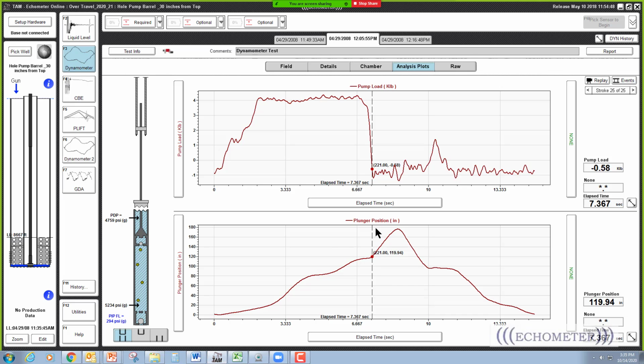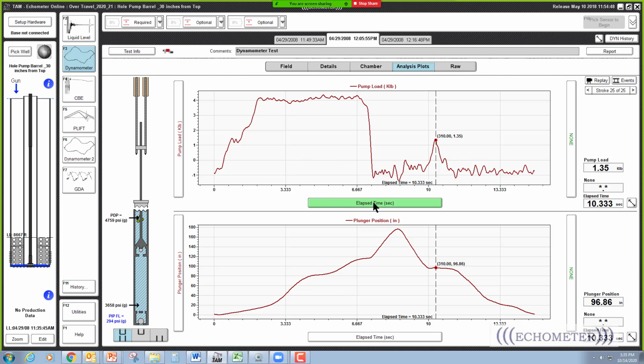Now, let's look here. This is plunger position. Once it releases a fluid load on the upstroke, notice it over travels, and then there is that, and then there's this thing right there. Is that an echo? Is that an echo of that release and load, or is that actually some kind of tag?